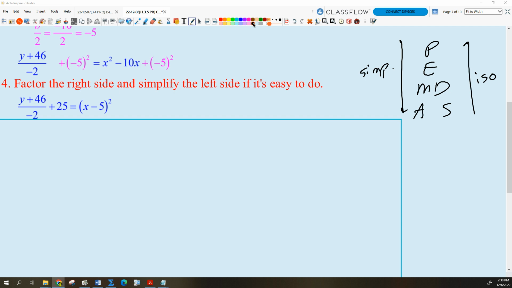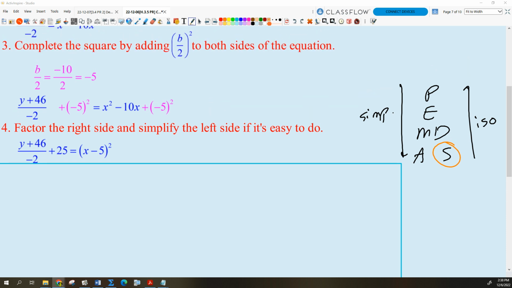There are implied parentheses around the top and the bottom of that fraction bar. So step one would be to subtract 25 from both sides. It's not an accident that that's the last thing we did up here. We added 25 to both sides. Now we're just going to work backwards and subtract it.